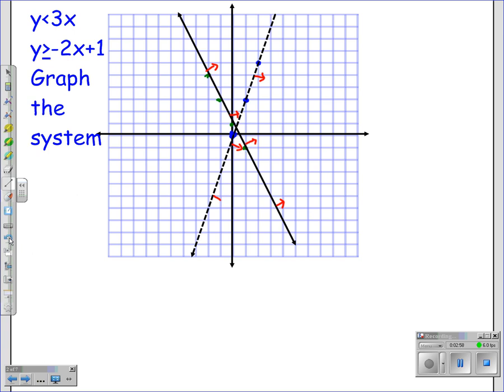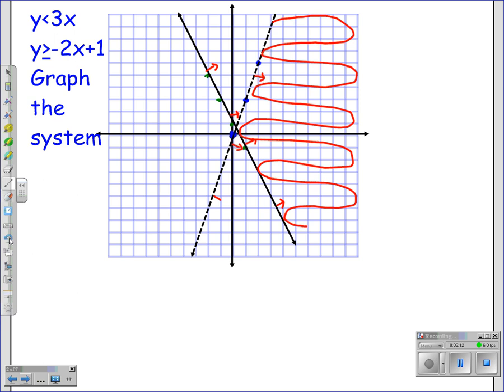How about up above in the V up here? How about to the left? No, the only place that they're all shaded is in this section right here. And you have a pencil, you're going to shade very nicely like we talked about in chapter 6. The only place that they're both shaded is the section where all the arrows point towards it.